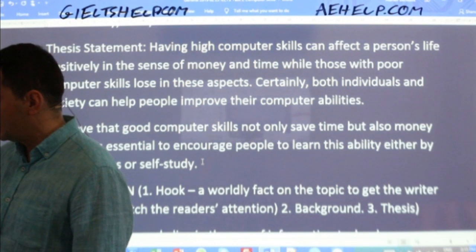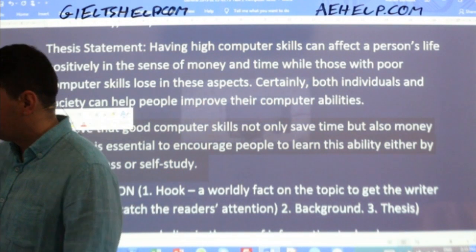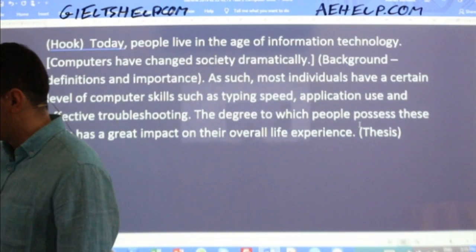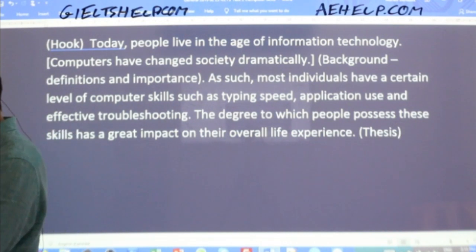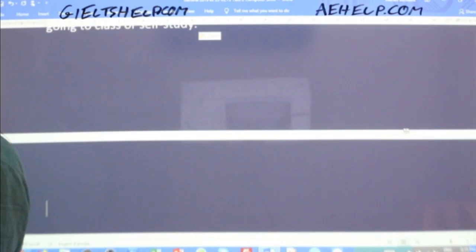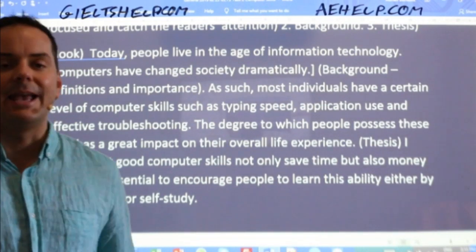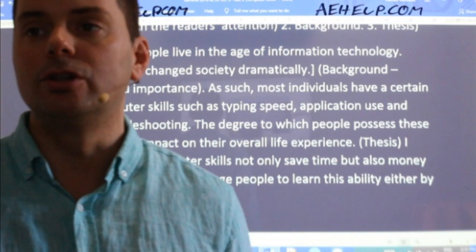And let's take Yognas's thesis here, just copy paste it, and now we have a complete introduction that is a band 9 level. Okay, this is what a band 9 introduction should look like.